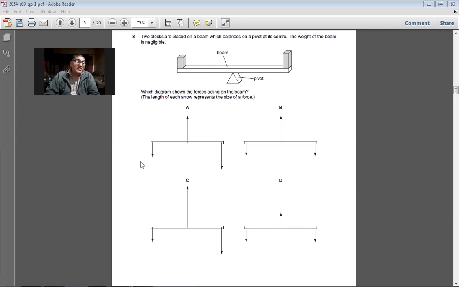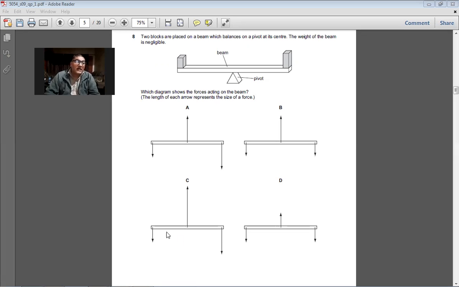It's balanced, so the forces acting downward and the forces acting in the upward direction are equal. So the upward force at the pivot should be equal in length to the sum of these two. Here that is not happening.